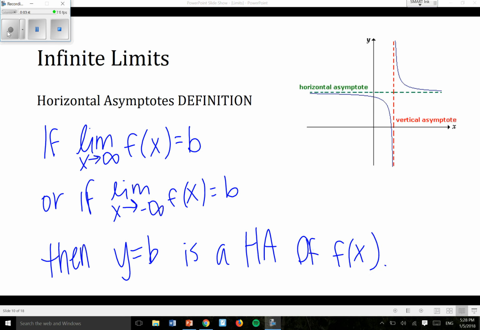What this is saying is that as x gets really, really big, if we level out to some y value b, or as x gets really, really negative, if we level out to some y value of b, then that line y equals b is a horizontal asymptote of my function f of x.